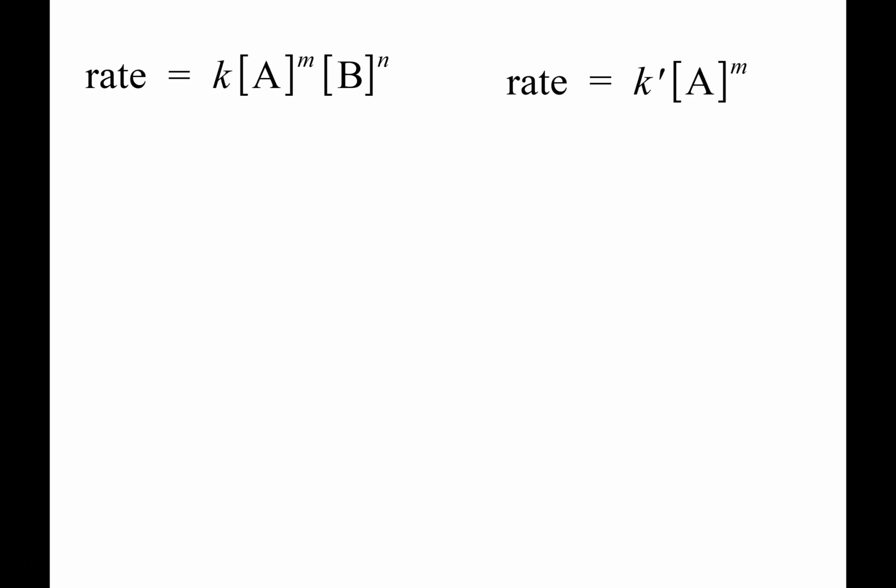If the left is my rate law expression, and I hold this constant, what you see here is I have balled this constant in with the K and made it what we call a pseudo constant, P-S-E-U-D-O. What a cool word, pseudo constant. My pseudo constant K prime is equal to my K times the molar concentration of B raised to its reaction order, which is n, which is going to be held constant. I hope that makes sense.